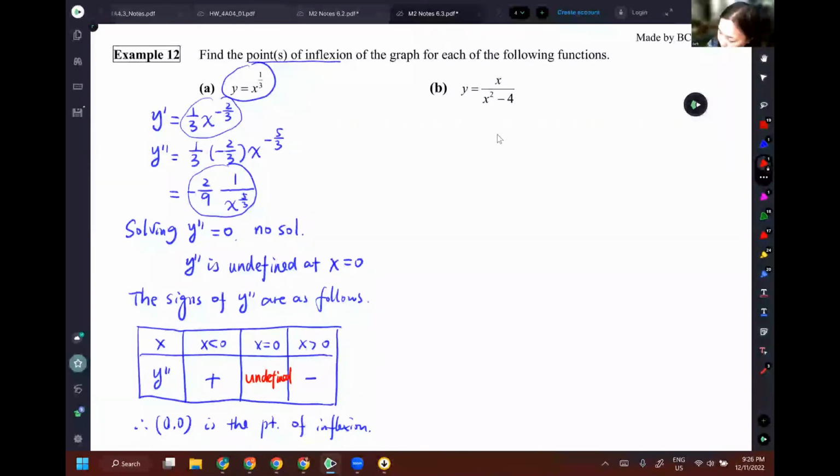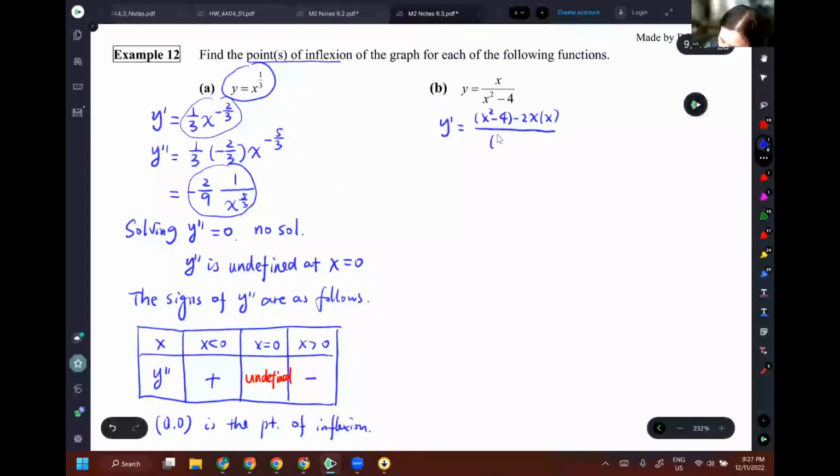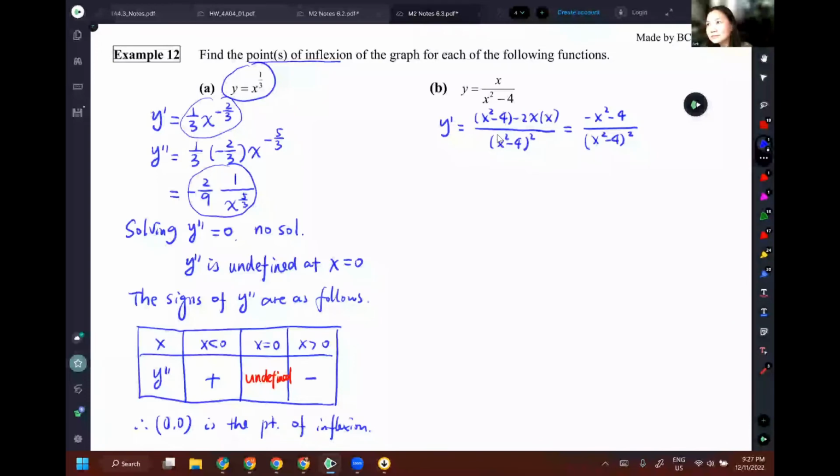Next one. This one, y prime. D high low minus D low high divided by low square. Simplify. Negative x squared minus 4, x squared minus 4 square. I think so.